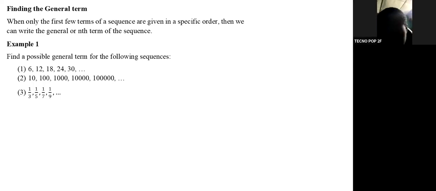What's going to be the general term of the sequence? For the first one, N is equal to N times.